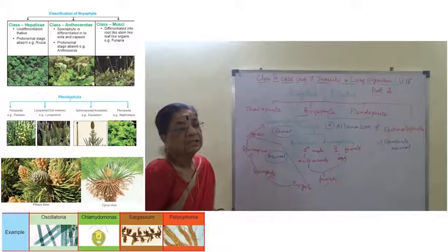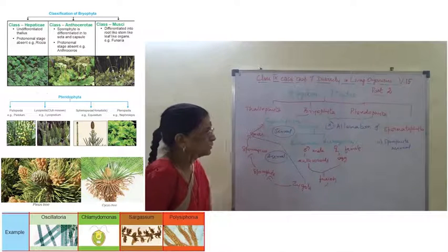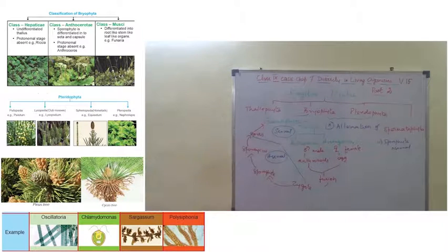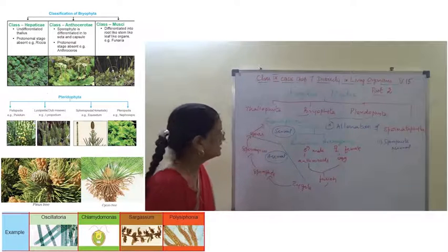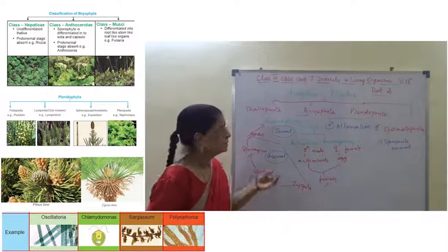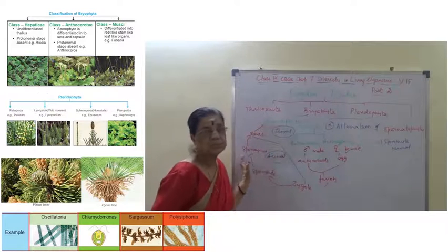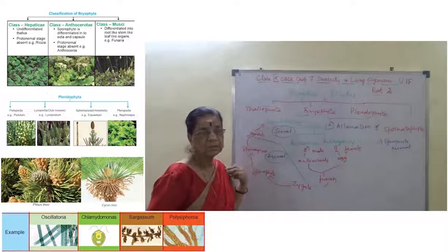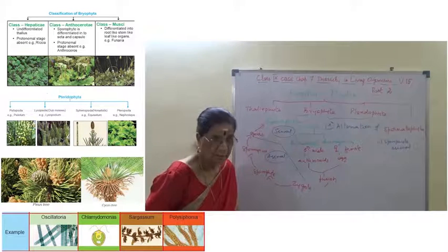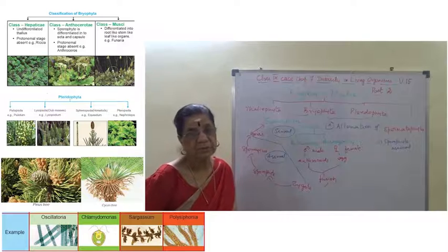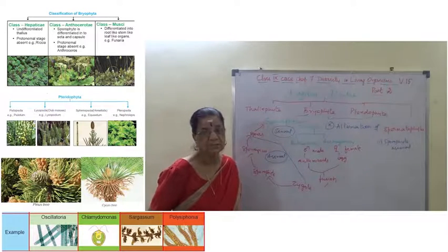We say the divisions Bryophyta, Pteridophyta and Spermatophyta exhibit the phenomenon of alternation of generation, where in bryophyte, the gametophyte alternates with the sporophyte. That is alternation of generation.